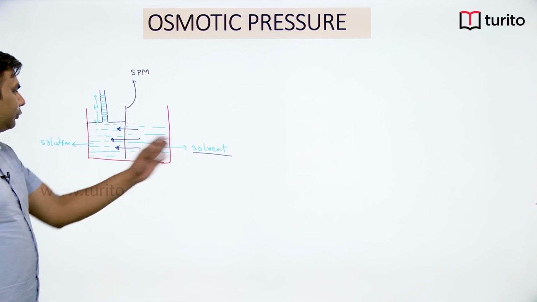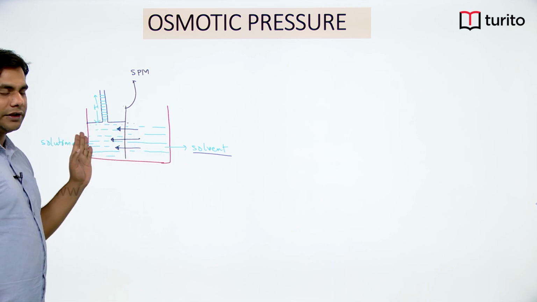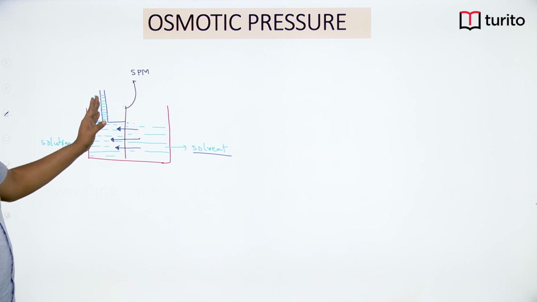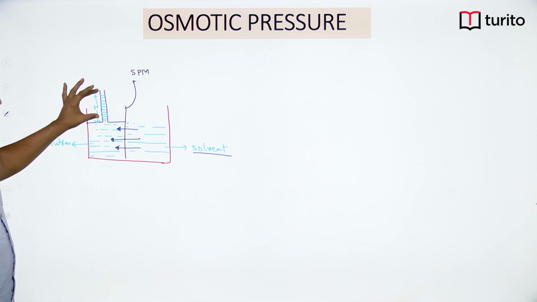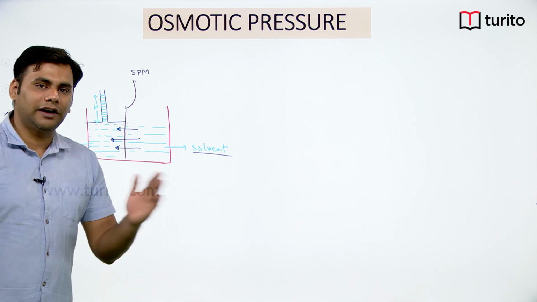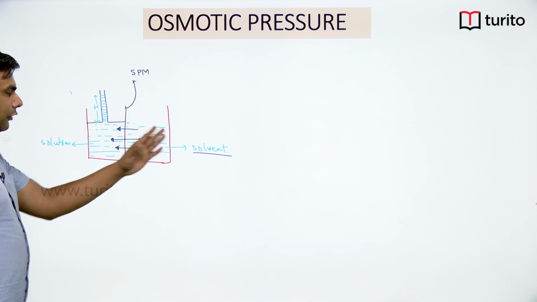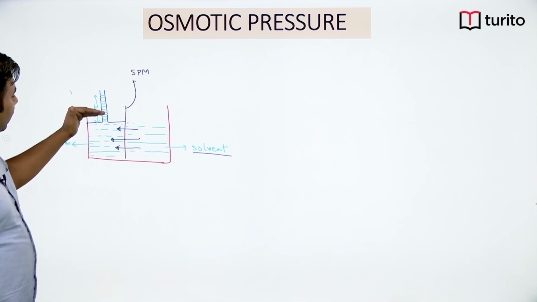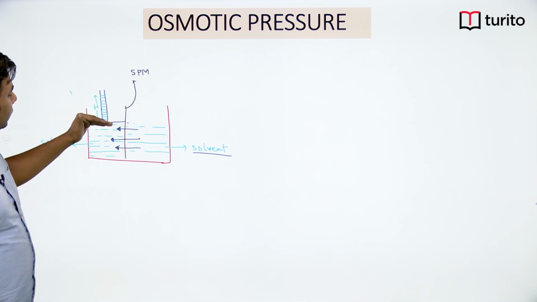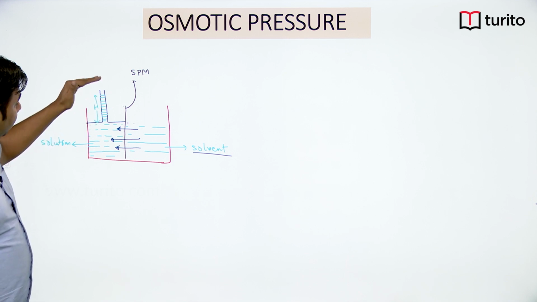Due to osmosis, the solvent molecules will keep on moving from the solvent to the solution side, due to which there would be a rise in the height of the liquid. Now because this liquid is rising, it would have a hydrostatic pressure. We know that any liquid of height h exerts a pressure of h rho g, where rho is the density of the liquid. So when the solvent is passing from one side to the other, the level of the solution is rising, that means it will exert some hydrostatic pressure.